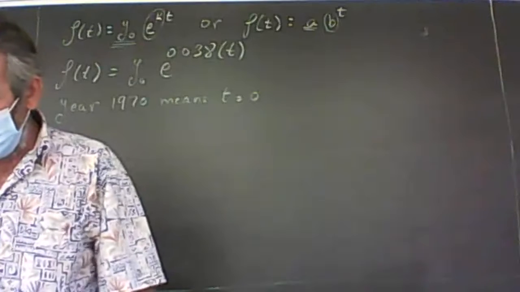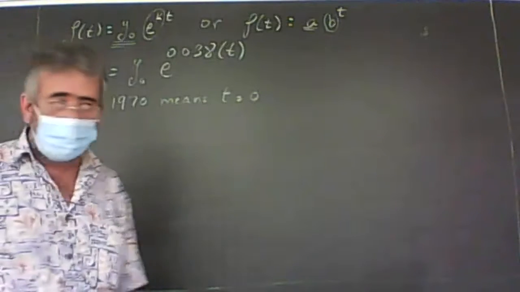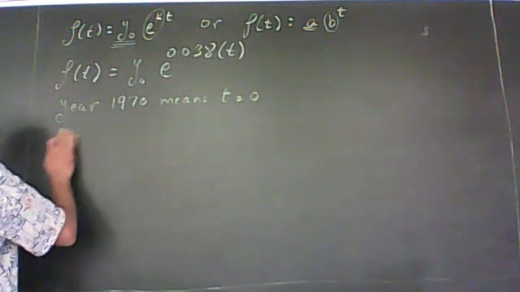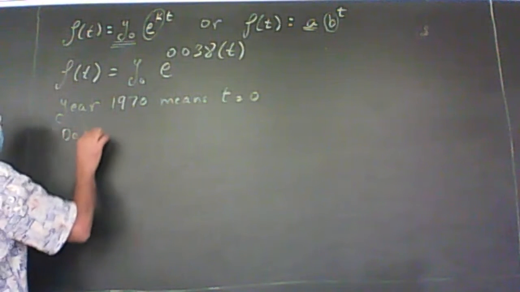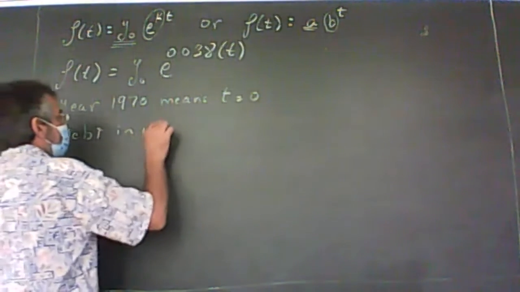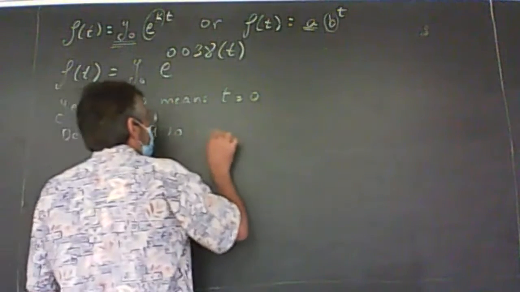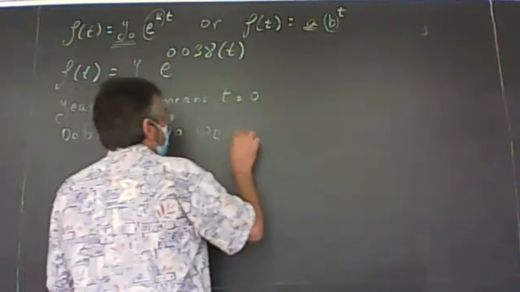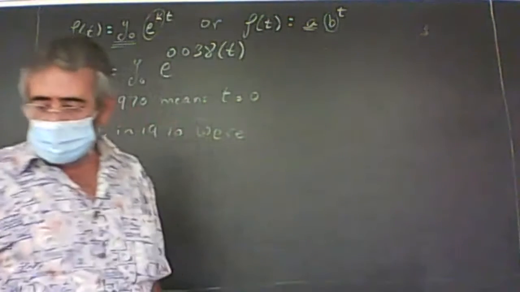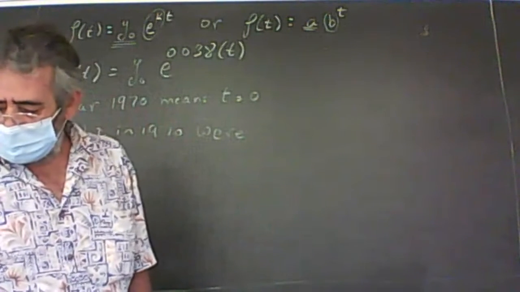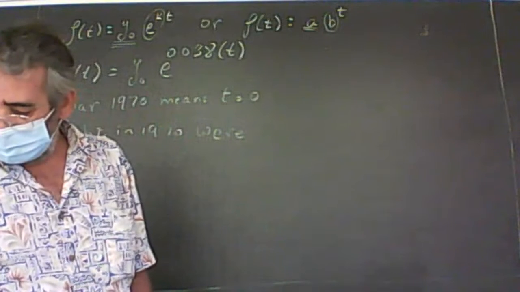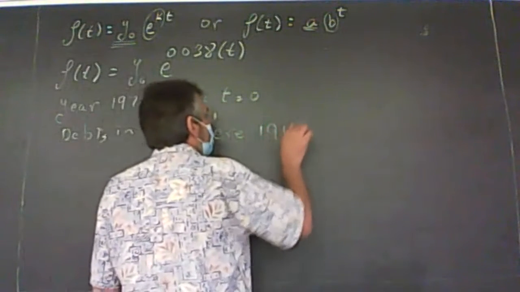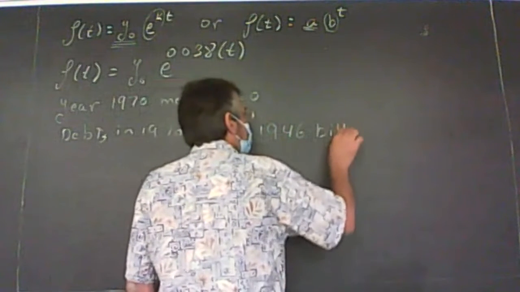It says if the amount of total debt in 1970 were, and let's say what they were, $1,946 billion.